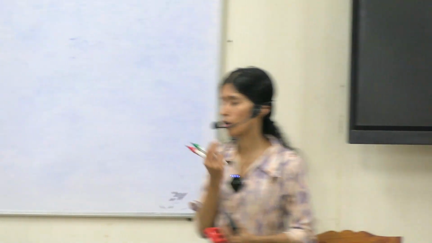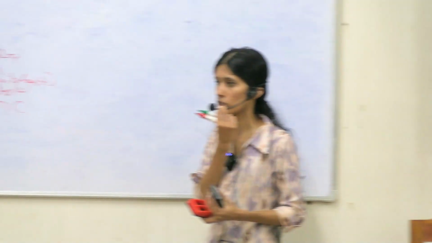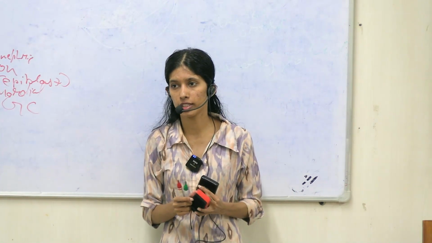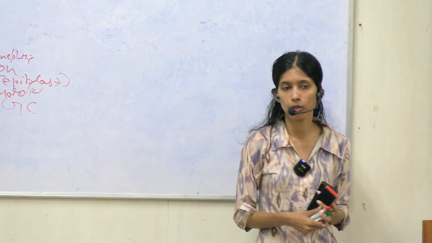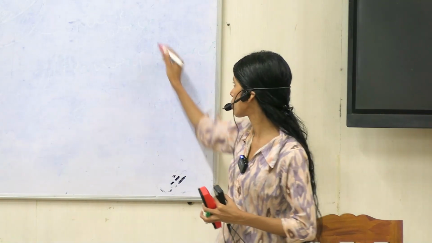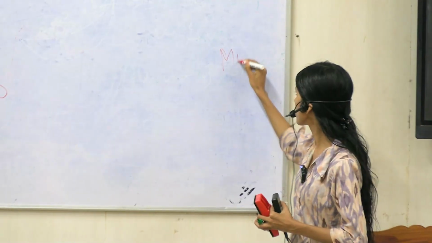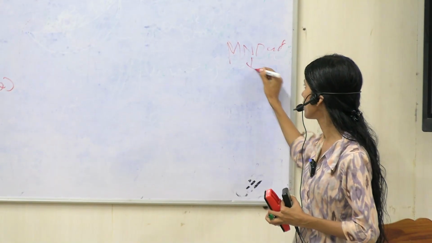Okay, in case of male reproductive system, mostly the paramesonephric duct will degenerate and only the mesonephric duct will give rise to different structures. Okay, but in case of female reproductive system, the mesonephric duct will degenerate.